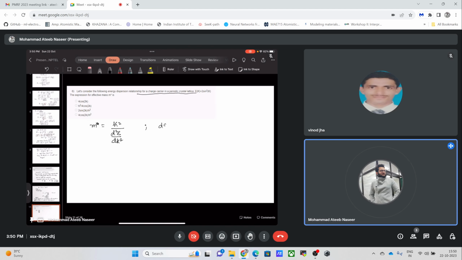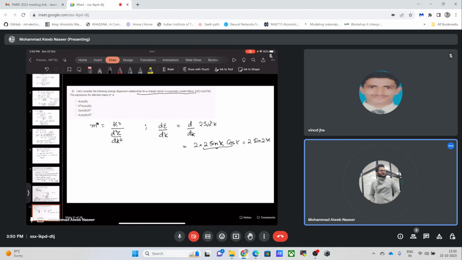We know that dE by dk is equal to d by dk of 2 sine square k, which is simply 2 times 2 sine k cos k, or 2 times sine 2k.